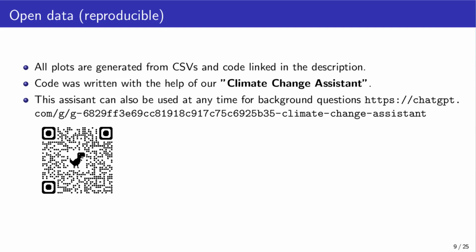This code was Python code, written with the help of our climate change assistant. That's actually quite a good help, and you can see the link to it here, and it's also available on this QR code. So you can use it yourself and try it out, and also ask it questions. For instance, you can ask anytime for background questions that you may have.